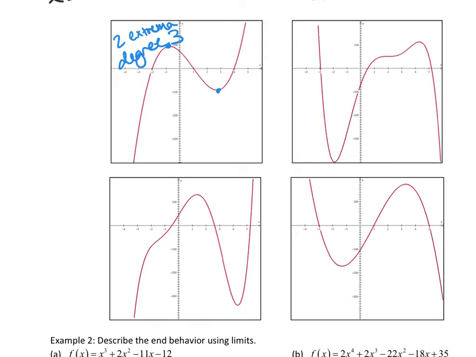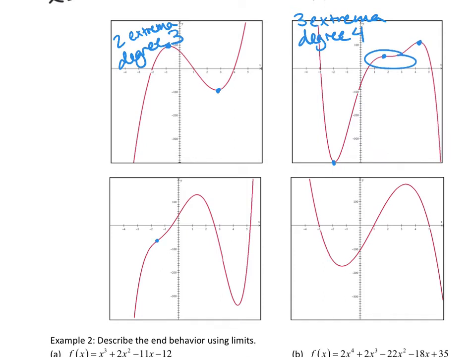If you look at the next graph, this has 1, 2, 3 extrema showing. This counts as an extrema. It's called a horizontal tangent. So since that has 3 extrema showing, this has to be at least degree 4.